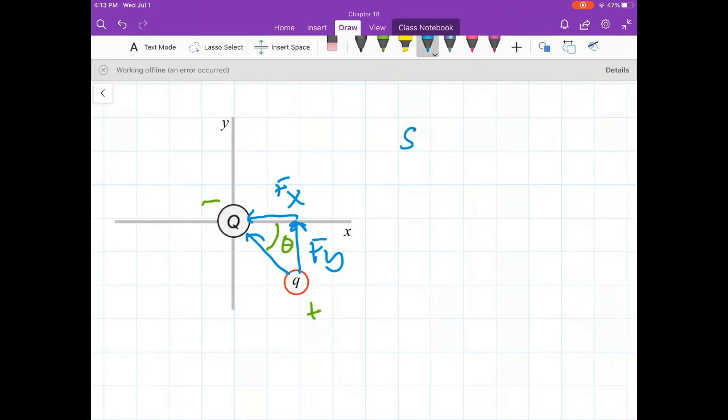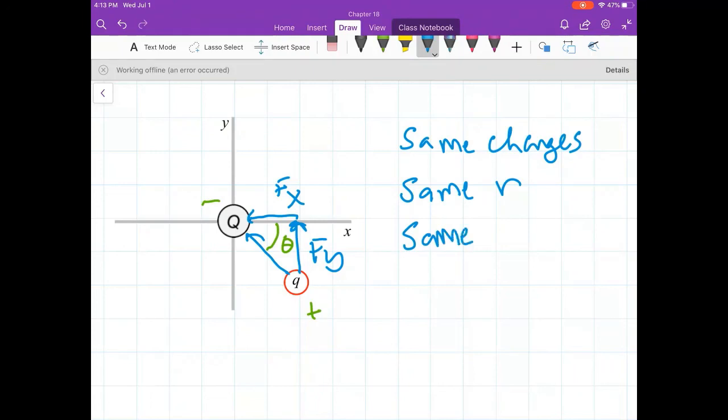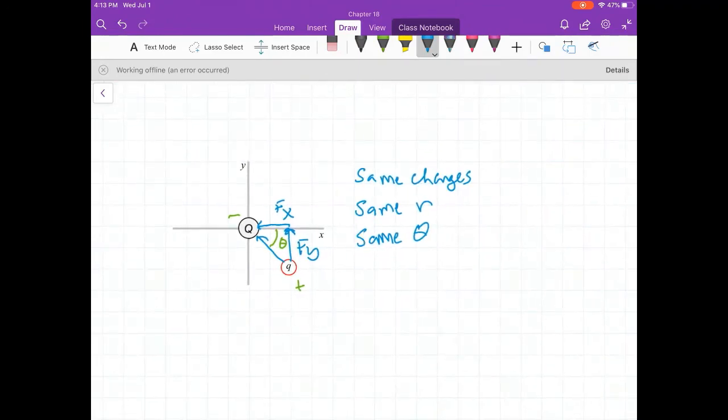Once again, we'll say same charges, same r, same theta, but it's a new picture. So the numbers will be the same. What about the sign, plus or minus? The Fx, notice the x component points to the left. That's the negative direction.